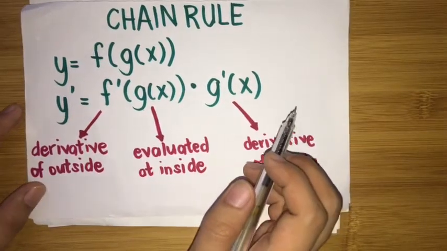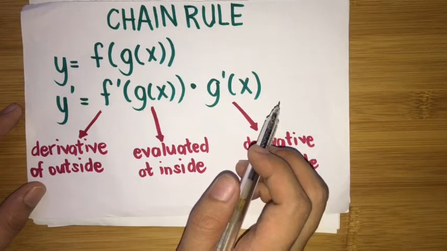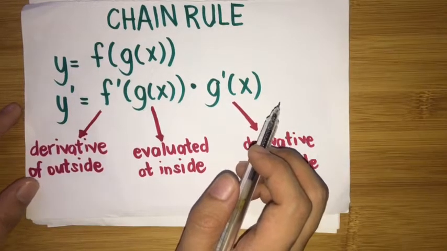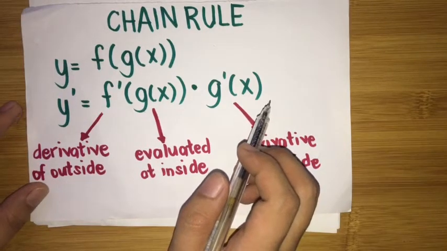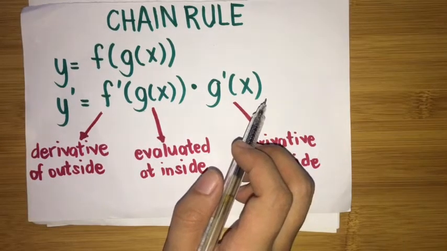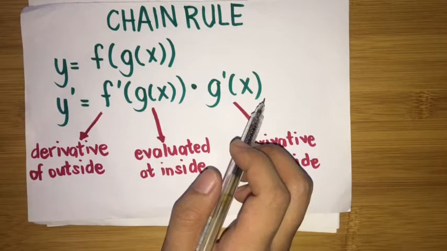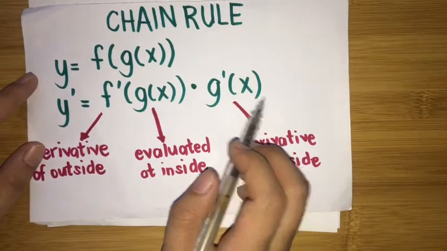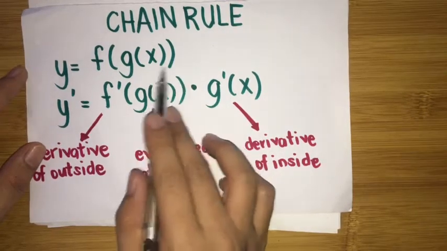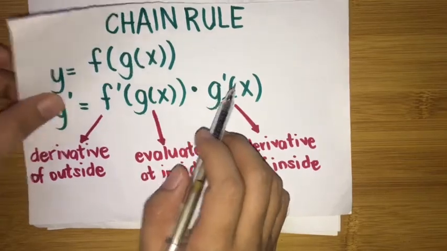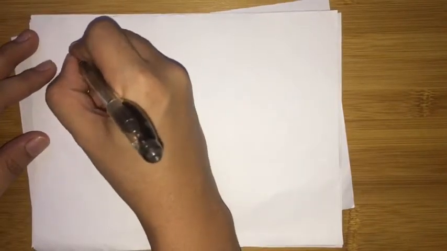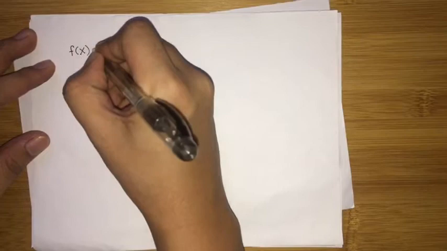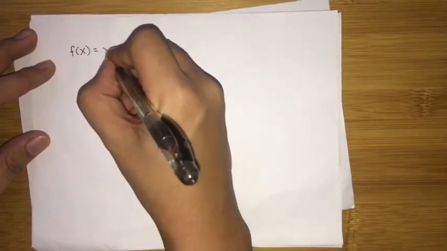So, ano nga ba ang composite functions? So, basically, from the word itself, composite, it's a composition of either two or more functions. But basically, in this example, two functions, namely f of x and g of x. So, halimbawa, meron tayong function f of x equal to, let's say, x cubed.